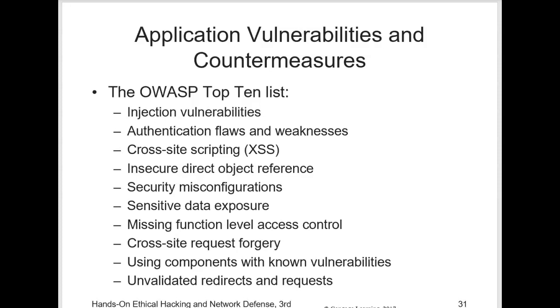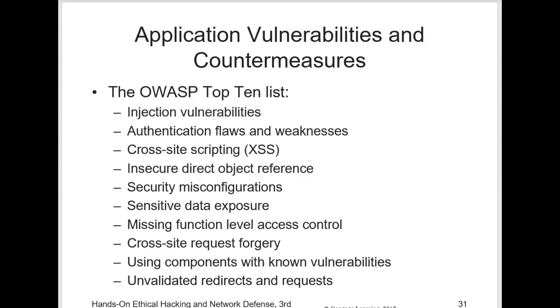There's missing function level access control, which is described in other sections that we've talked about, and that means the application does not properly verify that users are authorized to view the information, right? So we want to be careful there.